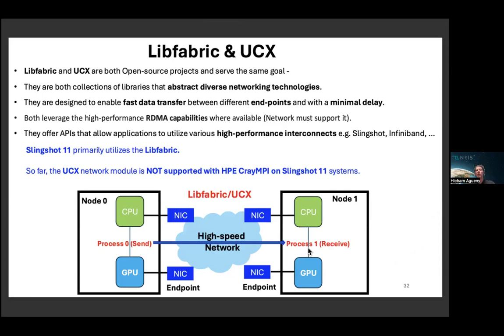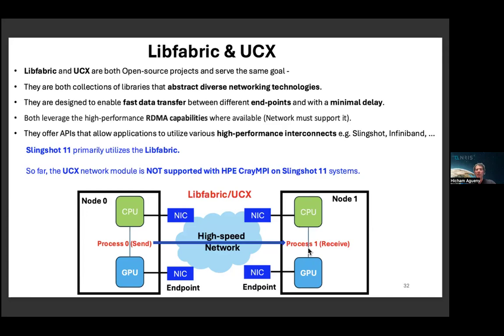These two libraries have basically the same goal. Both are collections of libraries that abstract diverse networking technologies, and they enable fast data transfer between different endpoints with minimal delay.